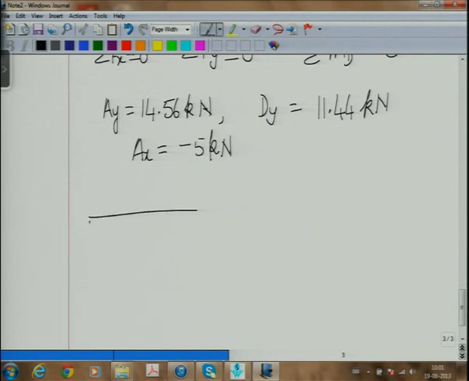So we have this beam, we have the force Ay 14.56, then at 1/3 of the distance we have this force of 10 kilonewtons, then we have 2 kilonewtons, then at this point we have a moment of 2.5 kilonewton meter and there is an axial force, and at this point we have 11.44 kilonewtons.